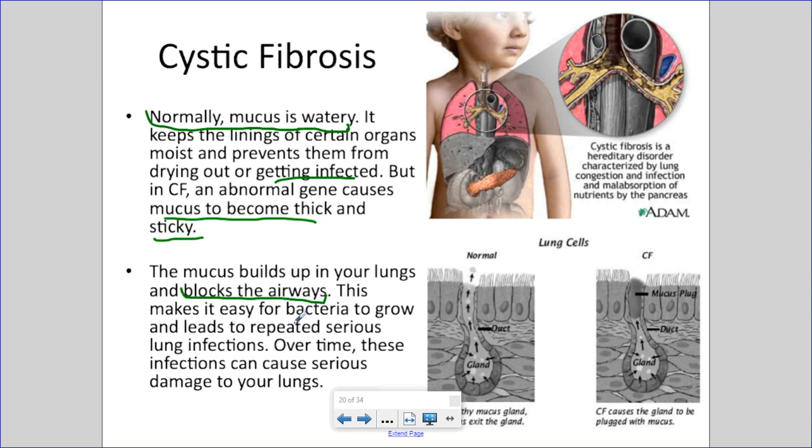This makes it easy for bacteria to grow. It traps the bacteria, it doesn't clear, and the bacteria can grow and lead to repeated serious lung infections. Over time, these infections can cause serious damage to the lungs. These diagrams show how a normal lung cell would be functioning, and then how a person with cystic fibrosis would be going on in their lungs.